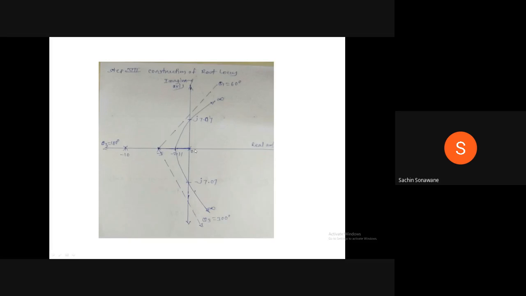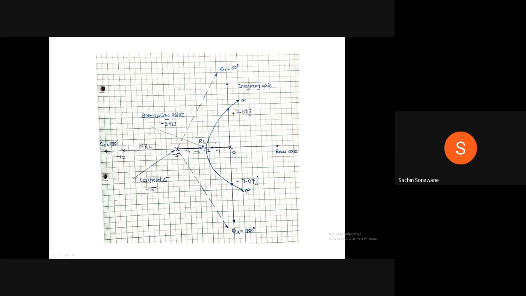While going to -5, it will branch from this breakaway point. And it will intersect with the imaginary axis at plus 7.07 J and minus 7.07 J. And again, root locus will start from -10 to minus infinity. Therefore, this is your root locus.